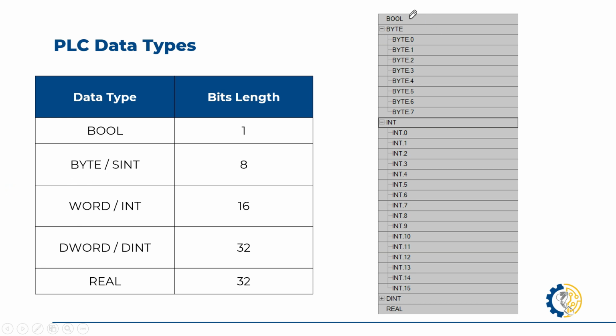Boolean, if we open this chart, it can only take 1 bit at a time, 0 and 1. So 1 bit. Now, in my data type, which is a byte in this case, or a simple integer, its compound is 8 bits.